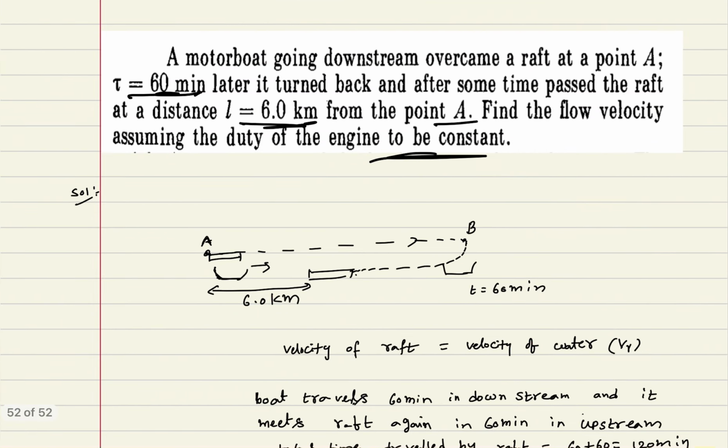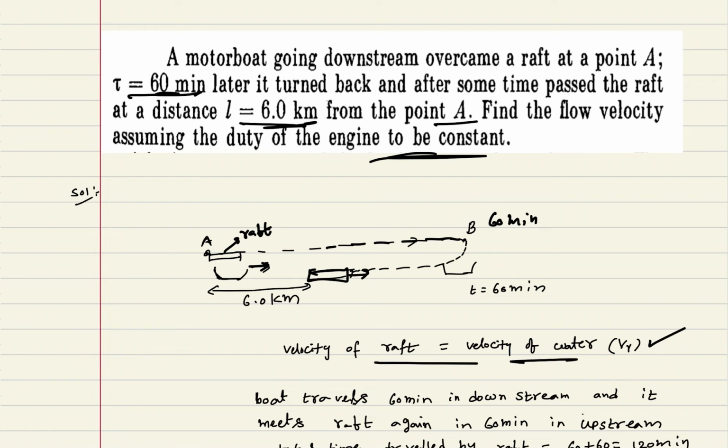We can see the motor boat is going downstream and overcomes a raft. This is my raft. The boat is moving in the forward direction for 60 minutes. Now we can see the raft does not have any separate velocity.